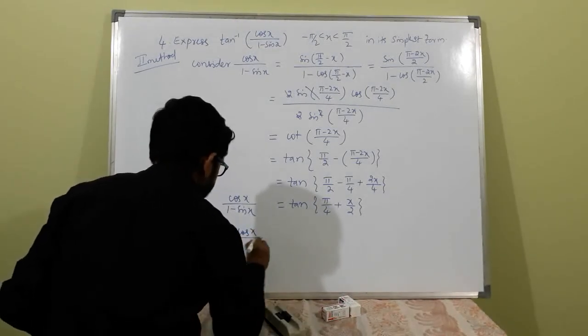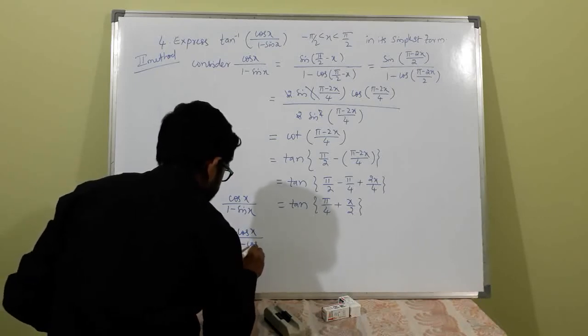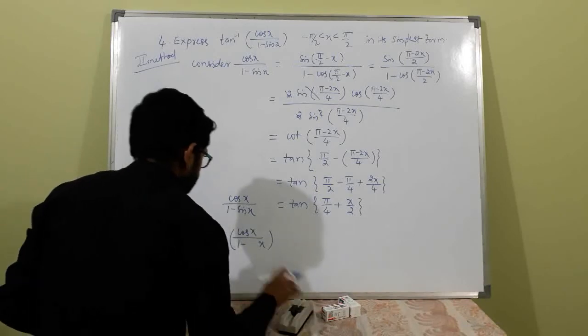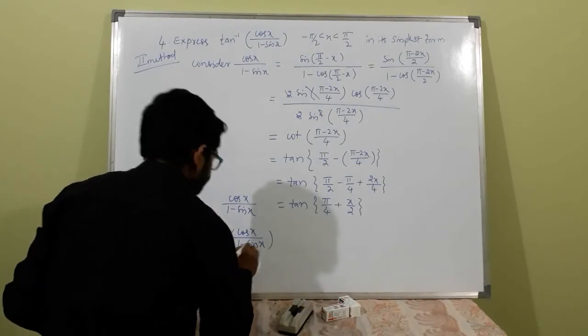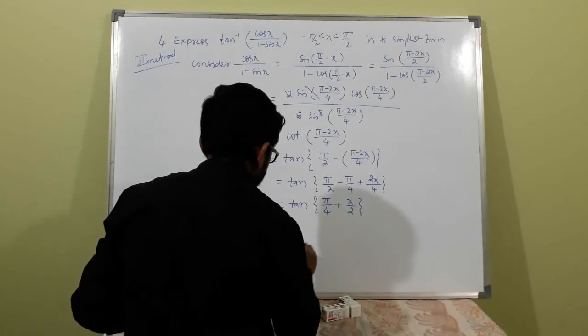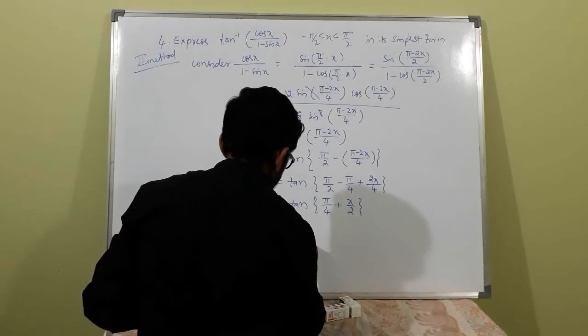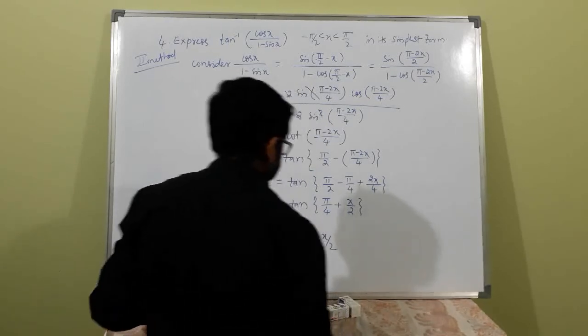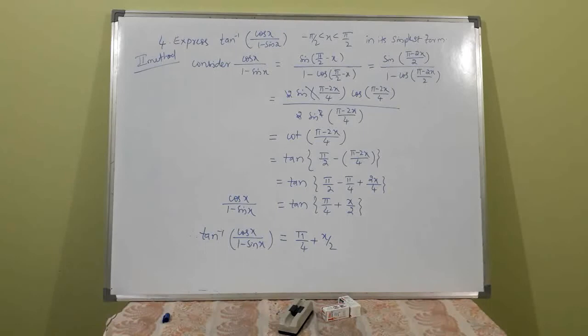If you take tan inverse on both sides, what happens? Tan inverse and tan get cancelled, leaving 5 by 4 plus x by 2. You get the same answer.